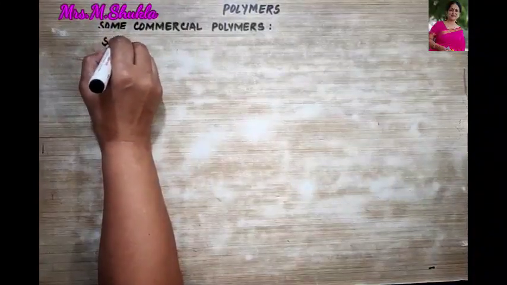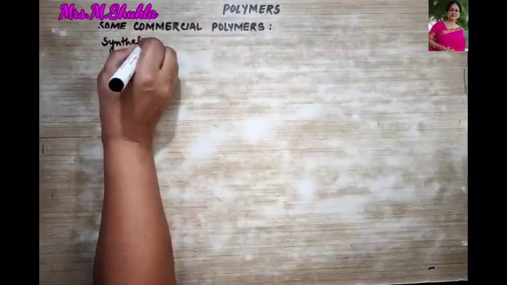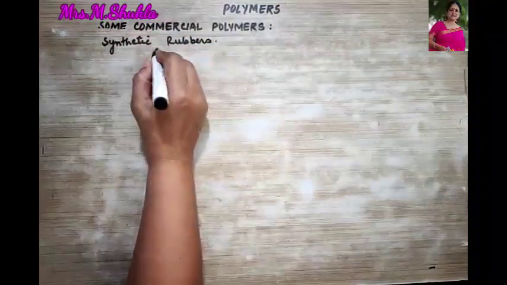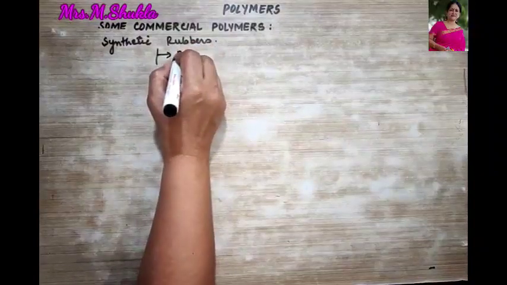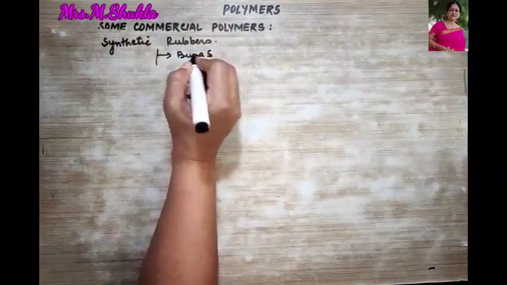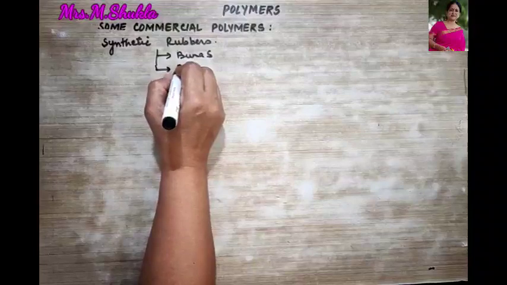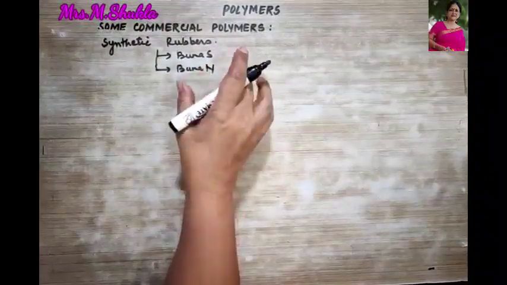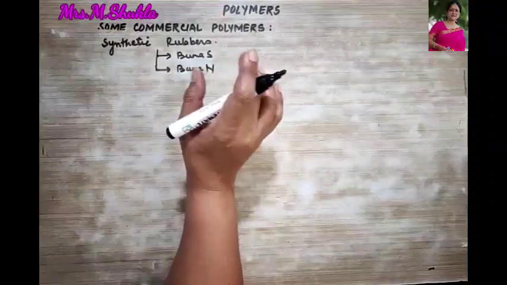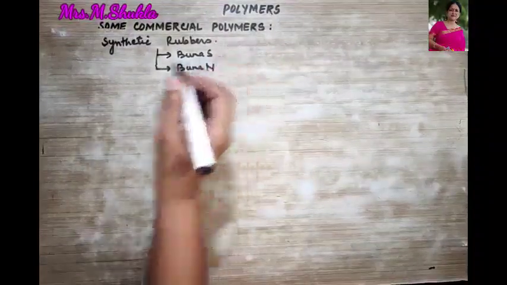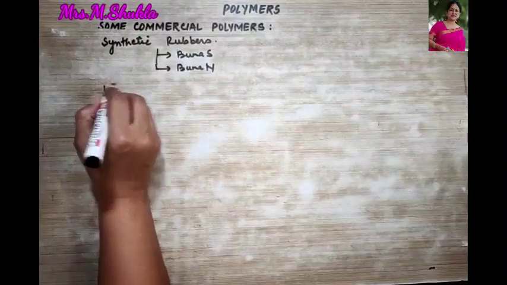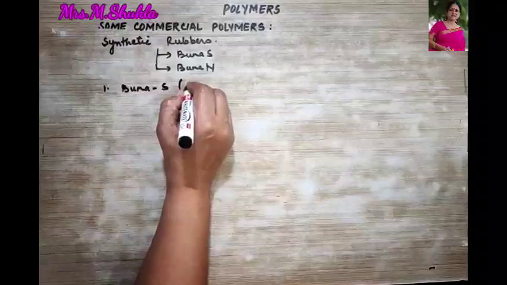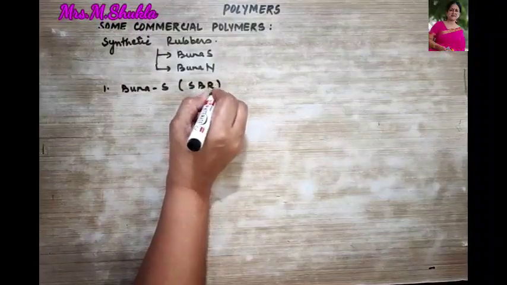Let's talk about synthetic rubbers. In synthetic rubbers, we have to study about two rubbers, that is Buna S and Buna N. So let us begin with the first one, that is Buna S, which is also called SBR, right?